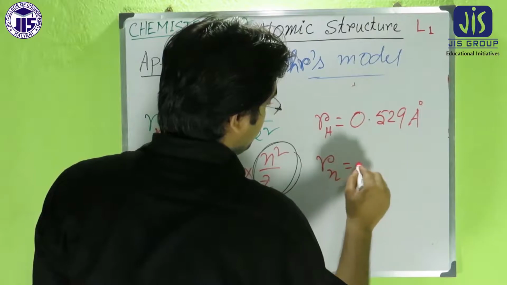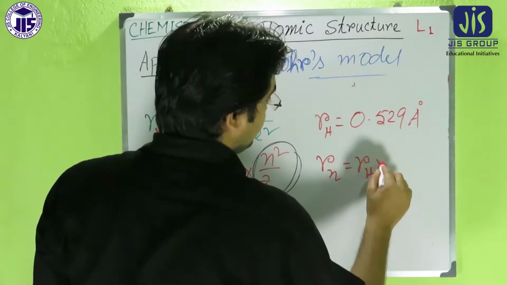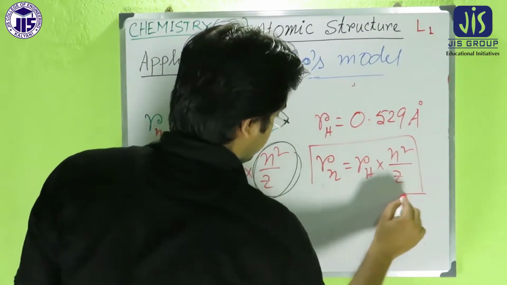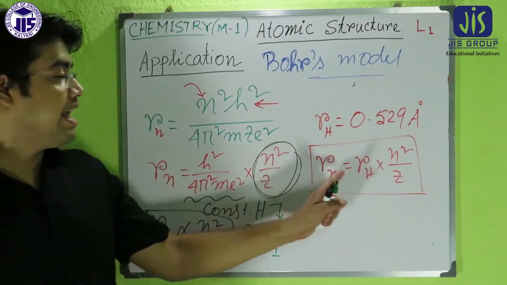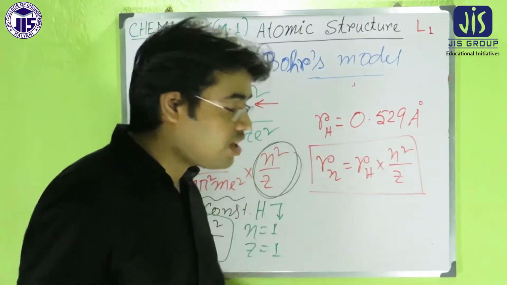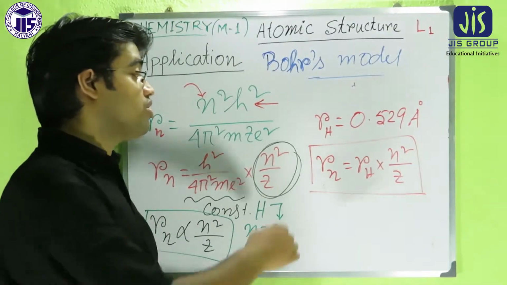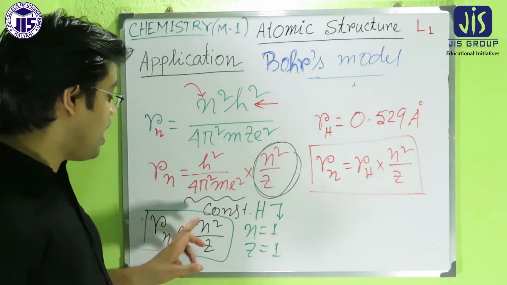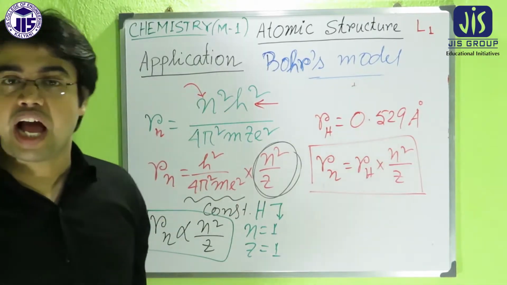Rn equals RH into n square by Z. That is the main expression which we have to keep in mind for numerical purposes, and mainly Rn is proportional to n square by Z, that also we have to keep in mind.